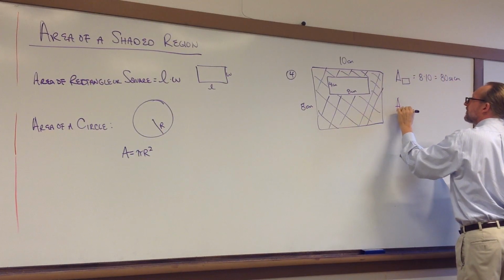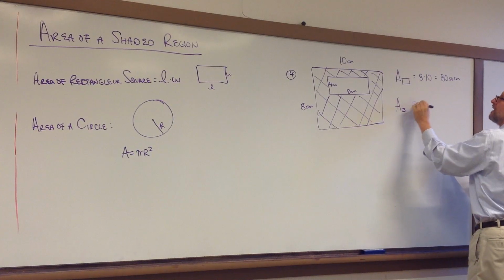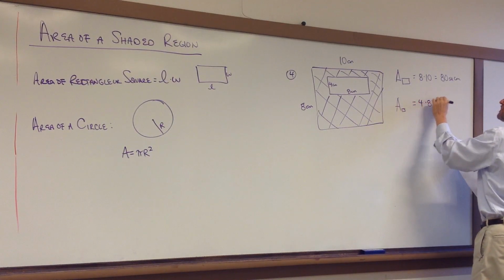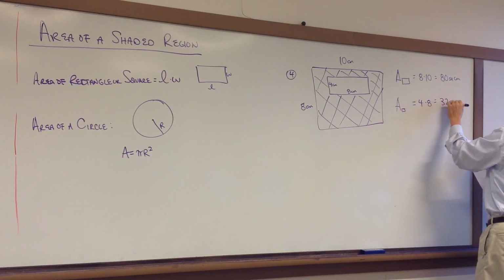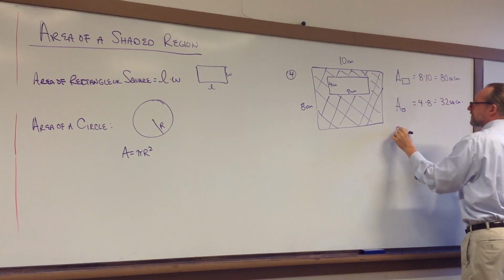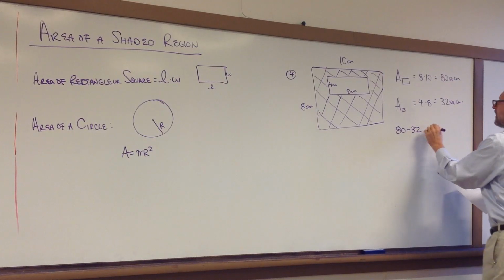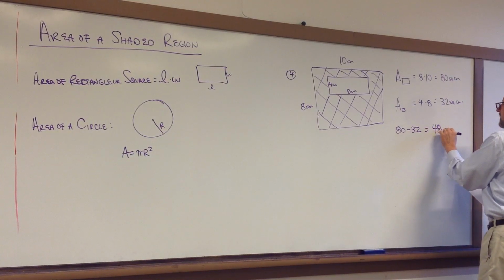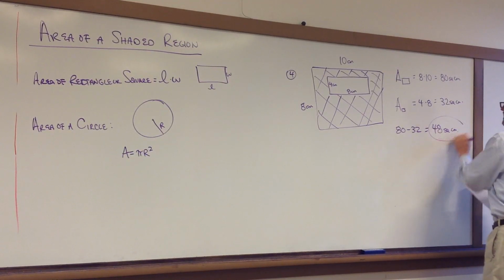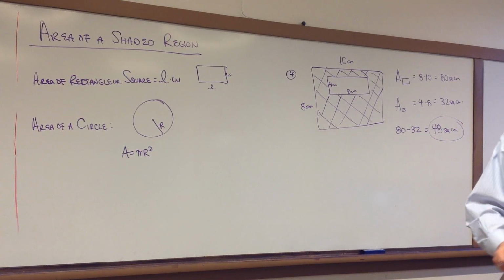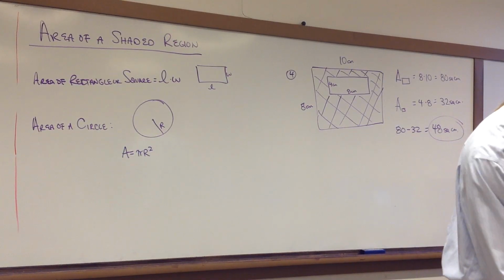And then the area for the smaller rectangle is going to be 4 times 8, or 32 square centimeters. And so then we'll do 80 minus 32, and that'll give us 48 square centimeters for the area of the shaded region there for number 4.